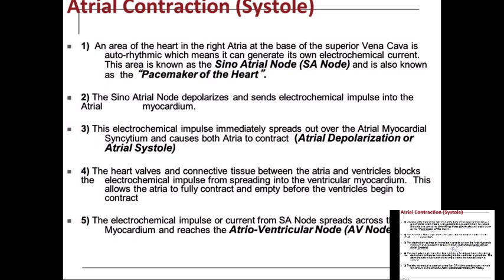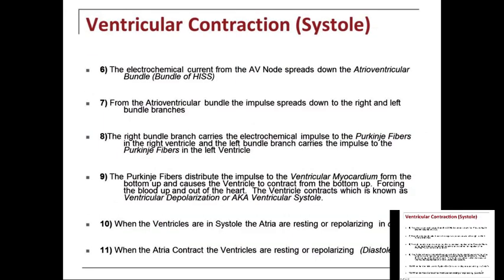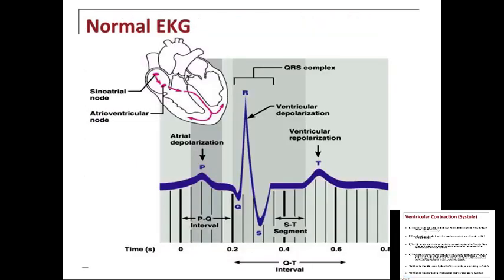Okay, and then the SA node is going to relay that information to the AV node, and then from the AV node to the bundle of His, and then the bundle of His is going to divide into the right and left bundle branches in the interventricular septum. And then those bundle branches move downwards to the apex, up and around to the right and left ventricles, where they divide into those Purkinje fibers.